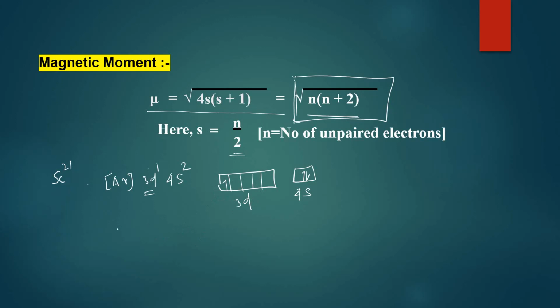What is the formula to calculate the magnetic moment? That is root of n into n plus 2. So in the case of scandium, it is root of 1 into 1 plus 2.